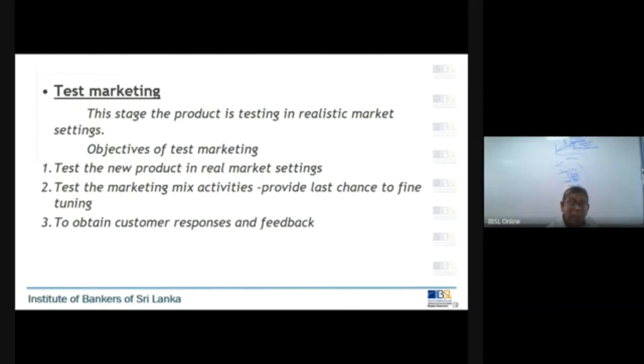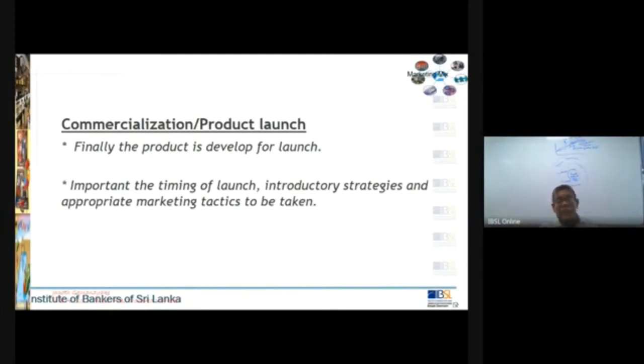Once the test marketing is okay, you go for launching the product nationally. In a country like Sri Lanka, you can straight away introduce it to the entire country. But in countries like India it is very difficult, it's huge. They may first select certain areas.